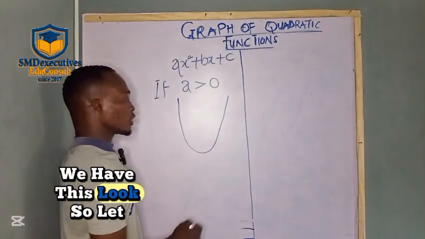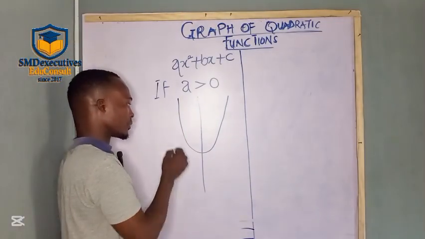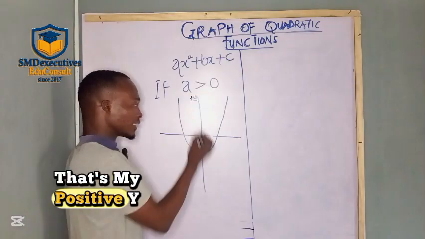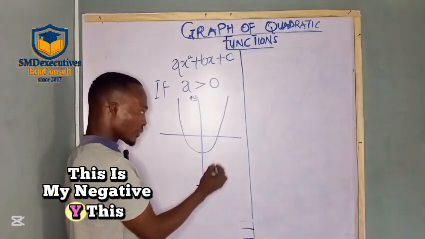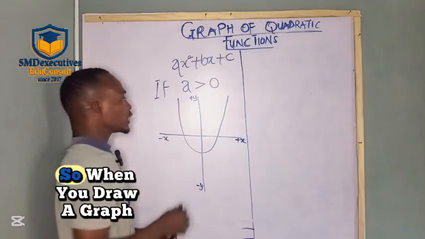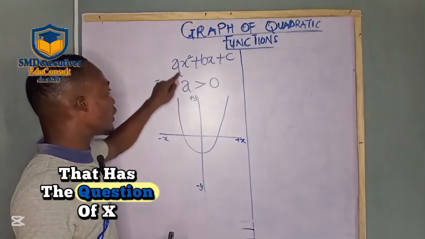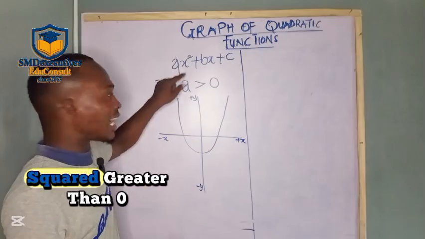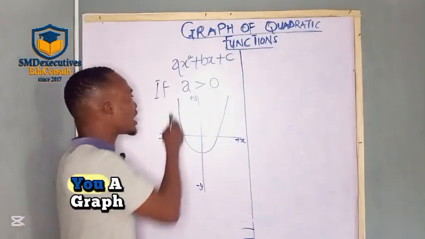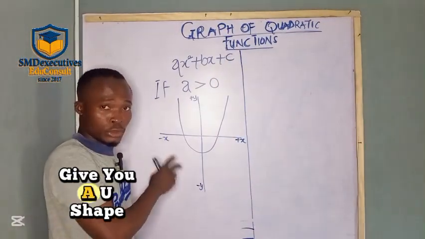So let me plot it. This is my y-axis, that's my positive y, this is my negative y, this is my positive x, this is my negative x. When you draw a graph that has the coefficient of x squared greater than 0, that will give you a graph with a letter U shape.